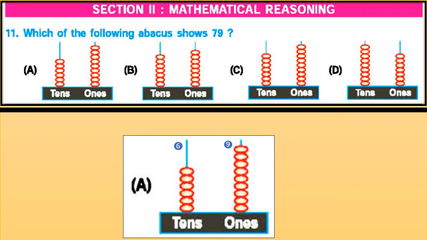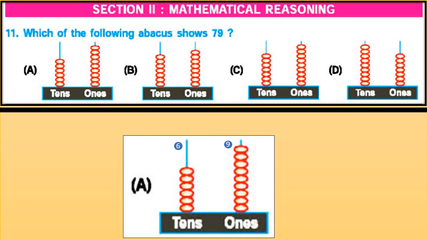Section 2, Mathematical Reasoning. Question 11. Which of the following abacus shows 79? Now I have solved option A here. What I have done is I have counted the beads on tens place and written the number there. And I have also counted the beads on ones place and written the number there.